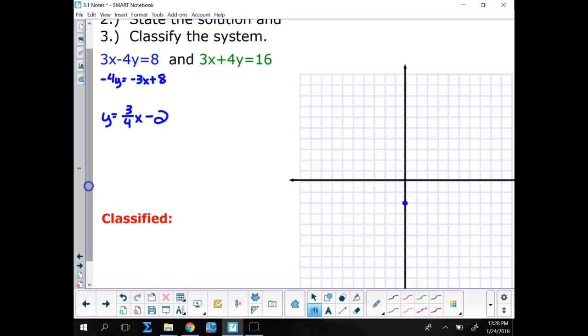My slope is rise 3, run 4. Fall 3, run negative 4. Down 3, run negative 4.